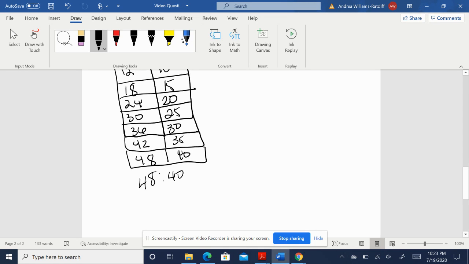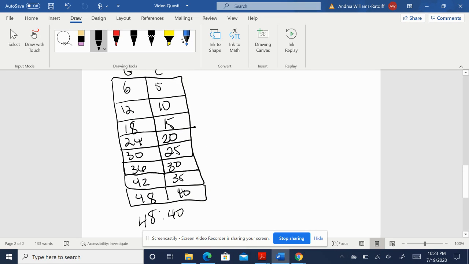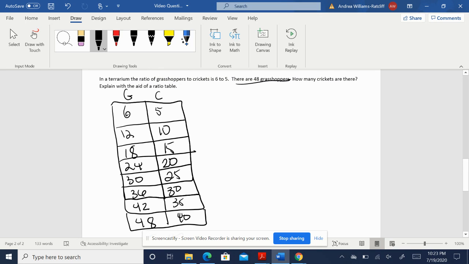Okay, absolutely. We have 8 times the ratio there. Now, this is a very inefficient way of doing it, but it does work.